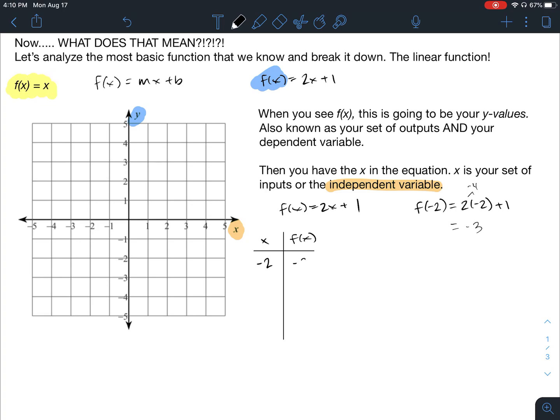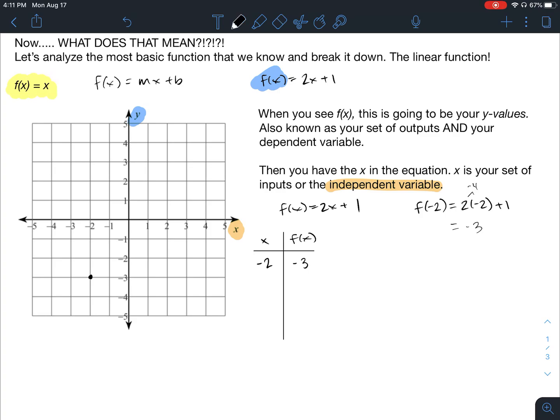So f of x is equal to negative 3 when x is negative 2. Thus our inputs right here and our outputs right here. So let's go ahead and graph that. When x is negative 2, our y value is negative 3. Right there.